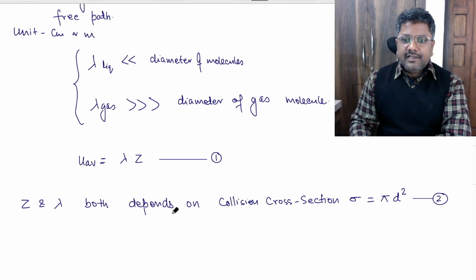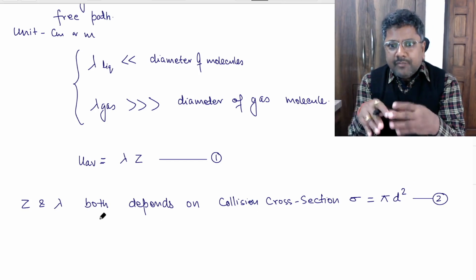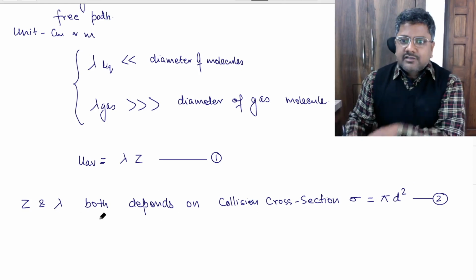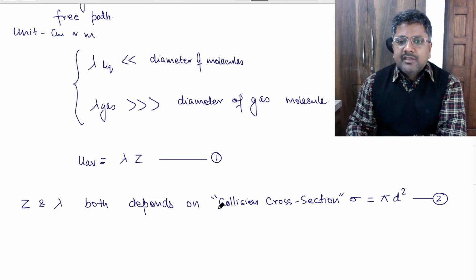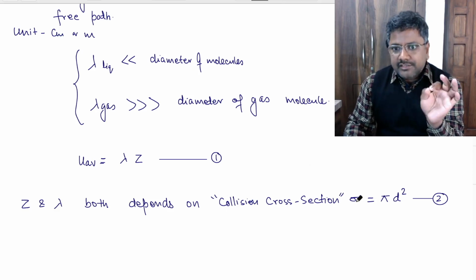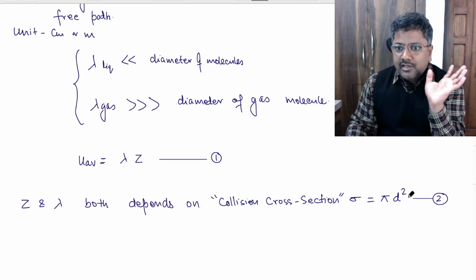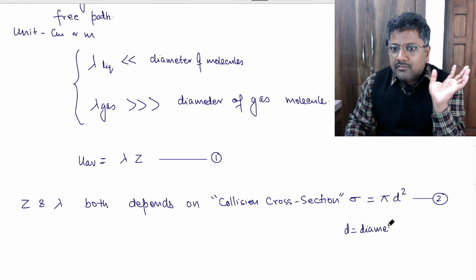I am not saying here that Z and lambda only depend on this collision cross section or this sigma, but they both depend on this collision cross section. What is d here? D is the diameter of the gas molecule.